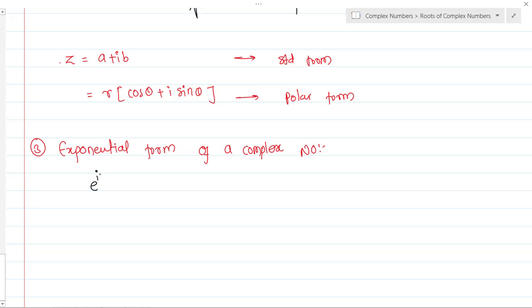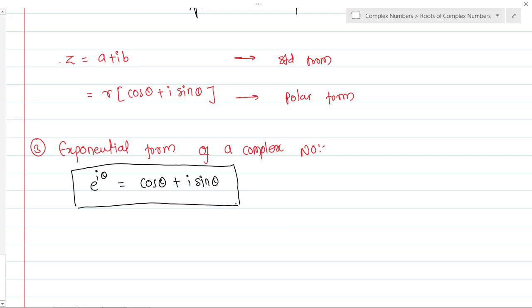Very important, e raised to I theta, and it is given as cos theta plus I sin theta. It is very very important. This is a special type of series with which we can easily prove this.